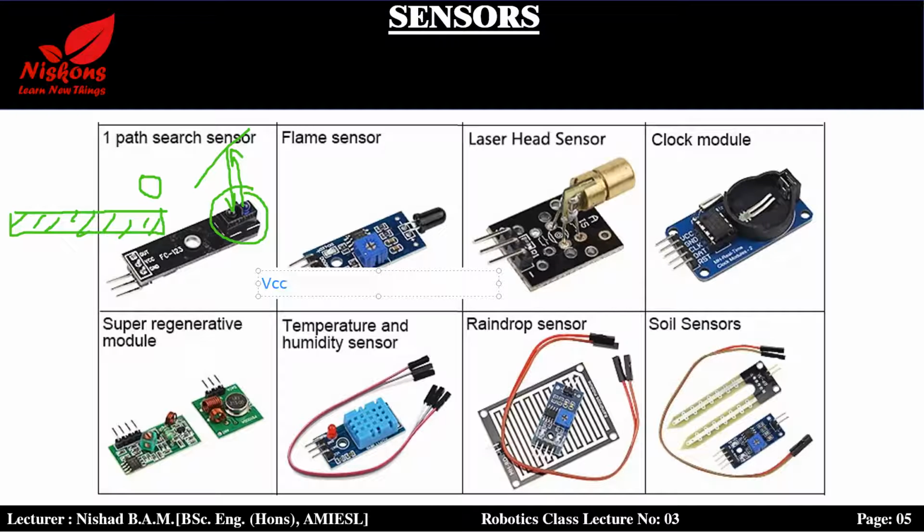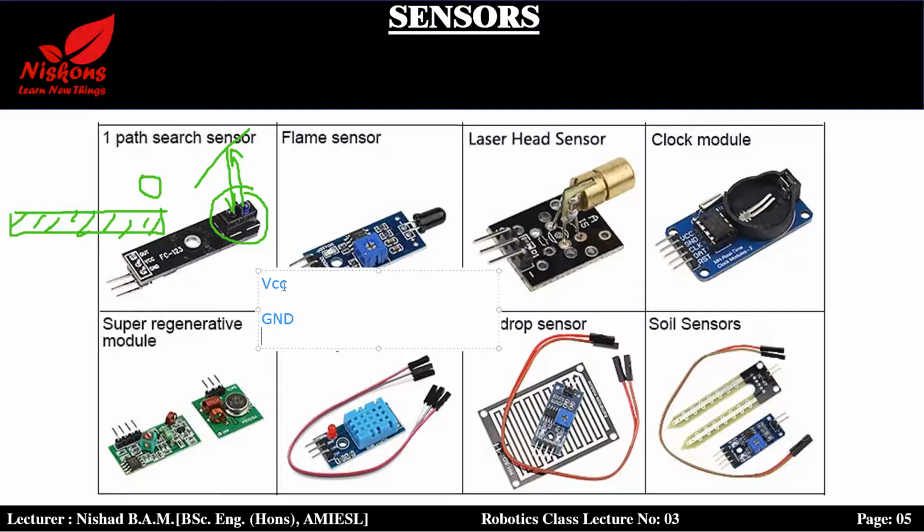In that VCC terminal, we have to connect the positive terminal, and then there may be a GND written on it, right? If the GND is written on it, we have to ground it. So from a battery, we connect the positive terminal to VCC, and we connect the negative terminal of the battery to the ground of the sensor, right? That way we have powered up the sensor.